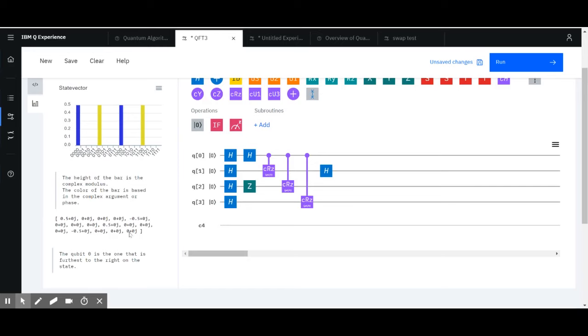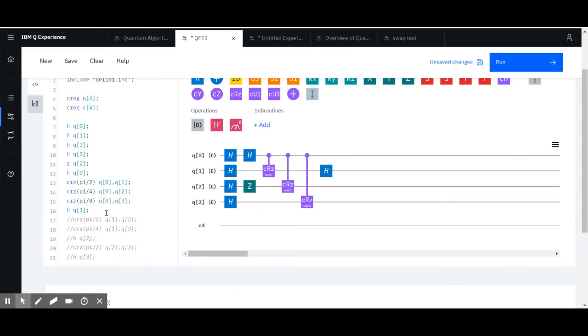Qubit 1, sorry. In this particular case, this literally means that this is also not going to do anything.